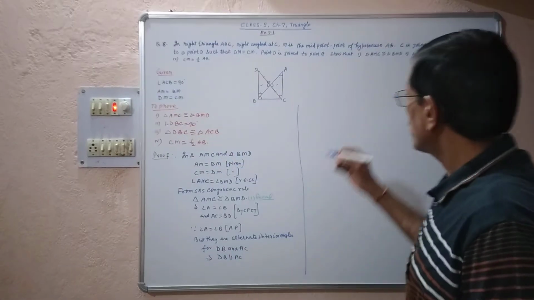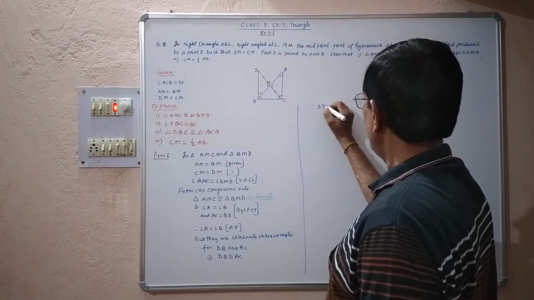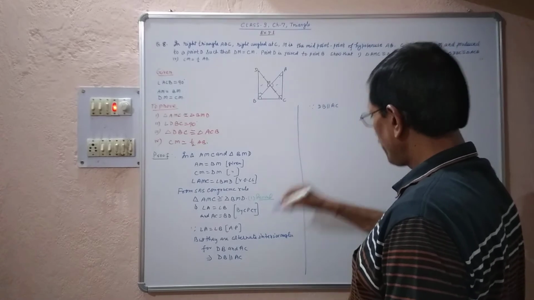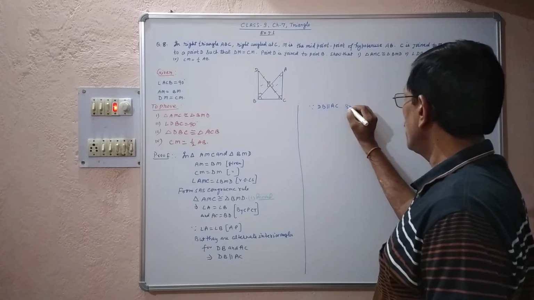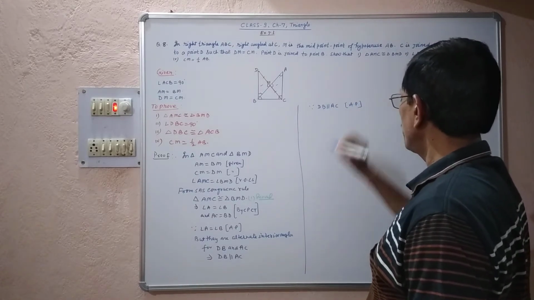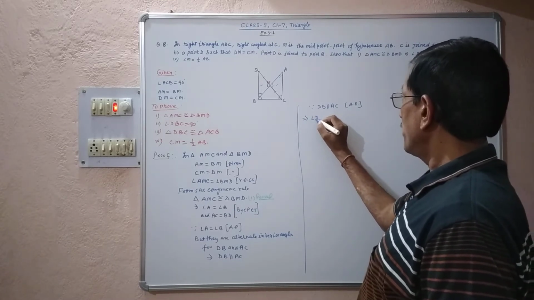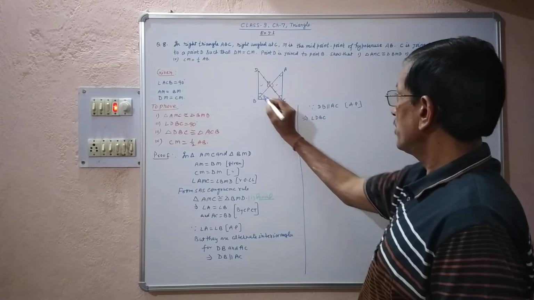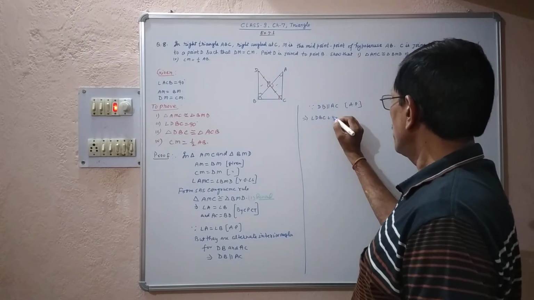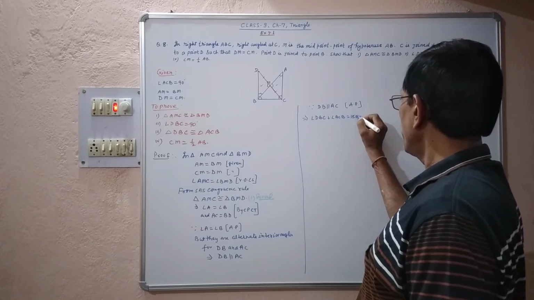Since DB parallel to AC, just I have proved, this implies angle DBC plus angle ACB is equal to 180 degrees.